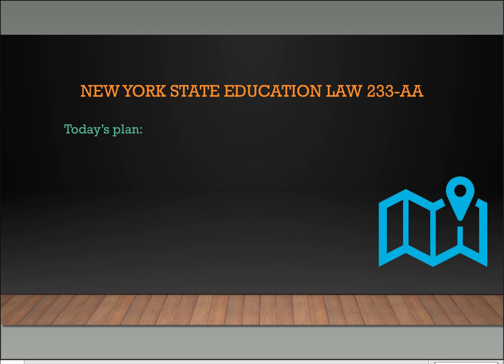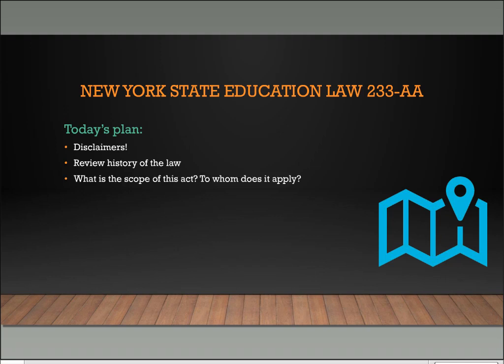So let's just go through what we're going to talk about today. The law we're discussing is New York State Education Law 233 AA. First we're going to review some disclaimers. Then we'll talk a little bit about the history of the law, understand what the scope is and who it applies to, and how this law is helpful to you. It can help you resolve old loans and property on your site that does not have a source that you are aware of.